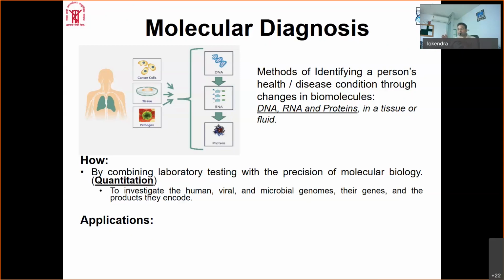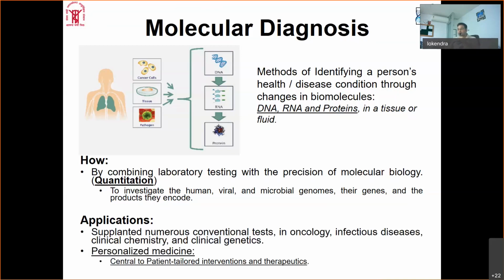So these are the molecular methods that can be used to measure changes in biomolecules, for example DNA, RNA, or protein. They have a greater implication because previously, disease conditions were visualized by anatomical changes as well as histochemical changes.